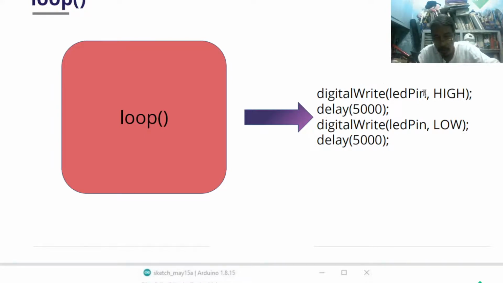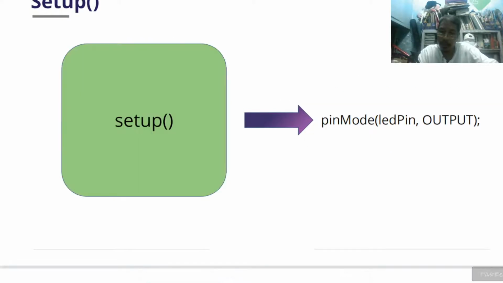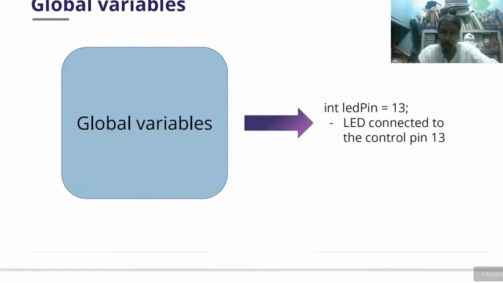So digitalWrite and delay are the only functions that we use in the loop, while for setup we use the pinMode function. So there are only three functions that we use in this program, and all three are already in the library.